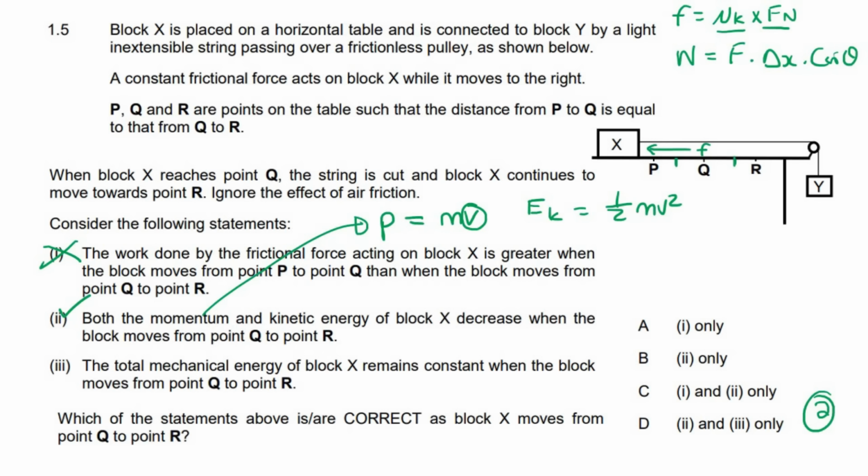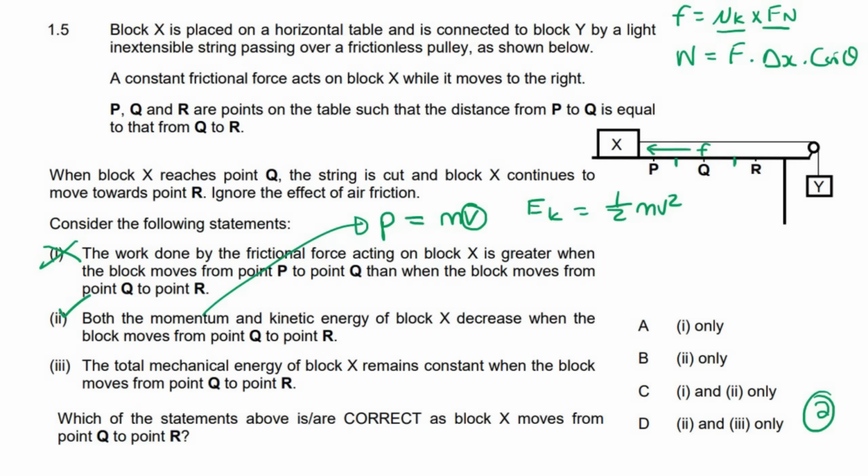Point number 3, the total mechanical energy of block X remains constant when going from Q to R. That is not correct. Mechanical energy is only conserved when there are no non-conservative forces like friction and applied forces. If there are friction forces, then mechanical energy is not conserved.